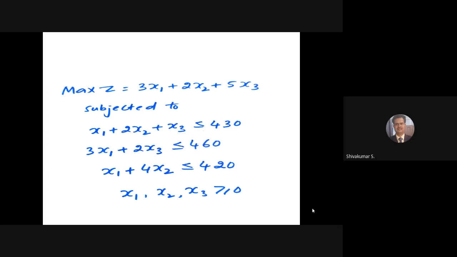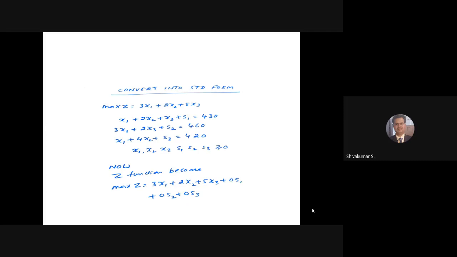I will tell you later. Right now, just focus on this: because all the constraints have less than sign, you introduce the slack variable here, converting less than sign into equal sign.